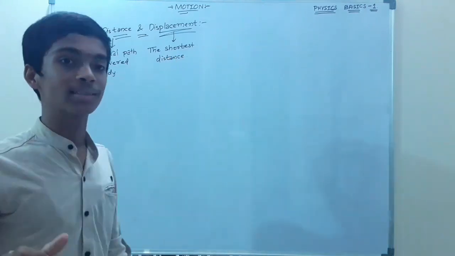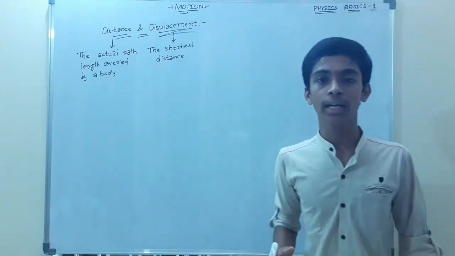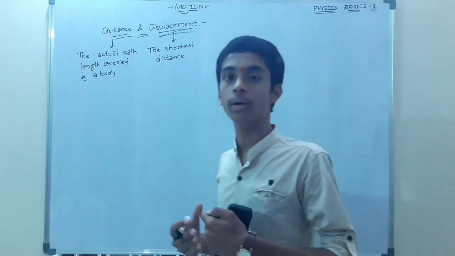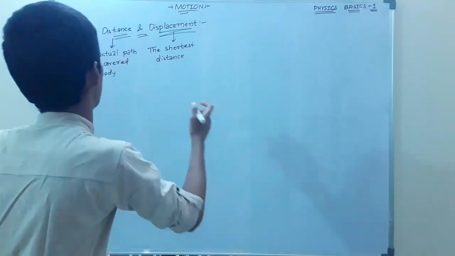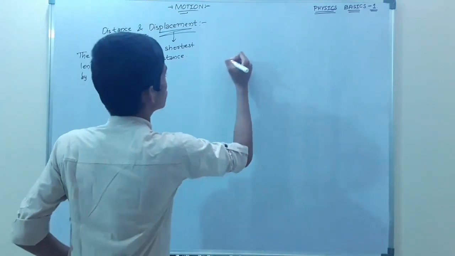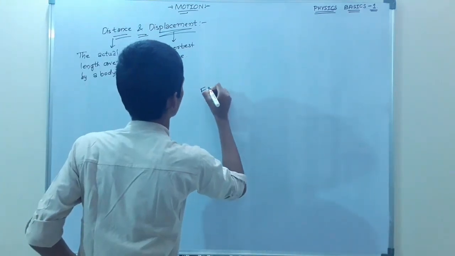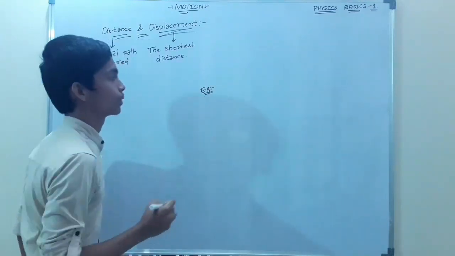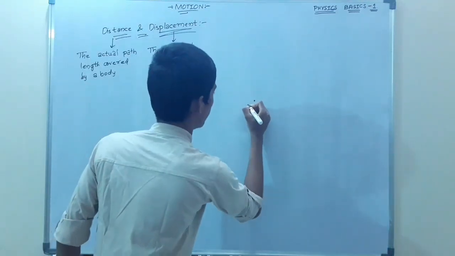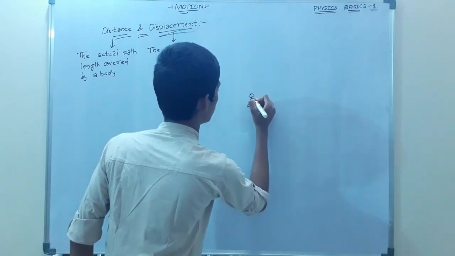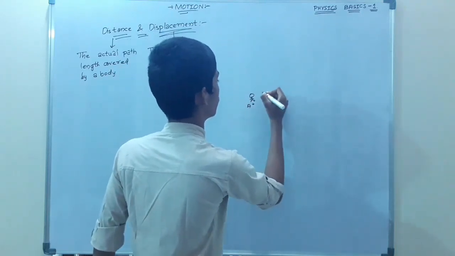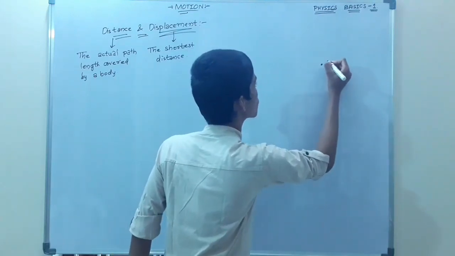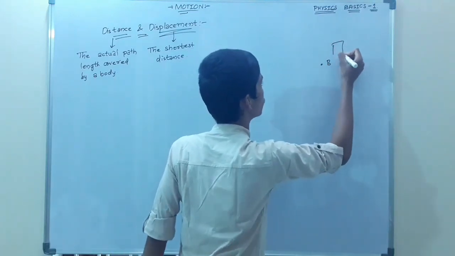And let's take an example to understand. When we don't understand, we should go into real life situations, and we can understand it. So let's take an example here. Here is a point A, and a person is standing here, and here is the point B, that is school.